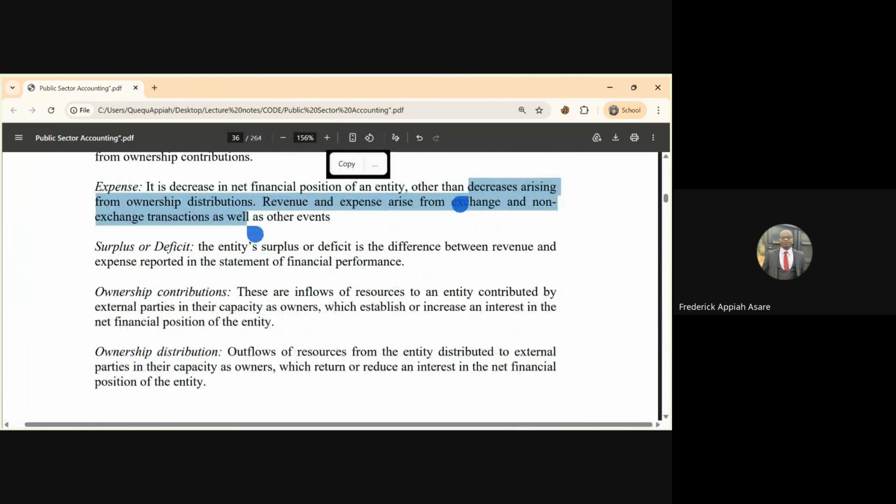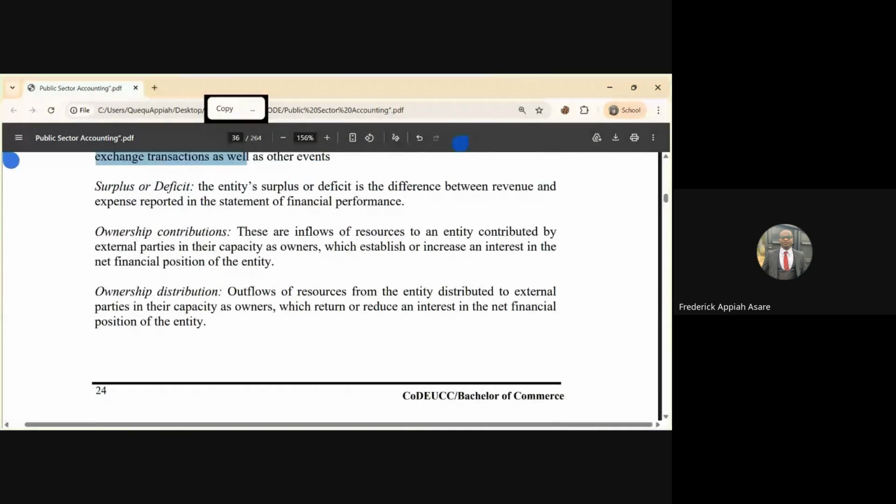Another thing that you have to know is surplus and deficit. Surplus is the difference between the revenue that we have explained and the expenses that we have explained. Ownership contribution refers to the inflows of resources of an entity contributed by external parties in their capacity as owners. So if the owners of the organization give money, we consider it to be ownership contribution.